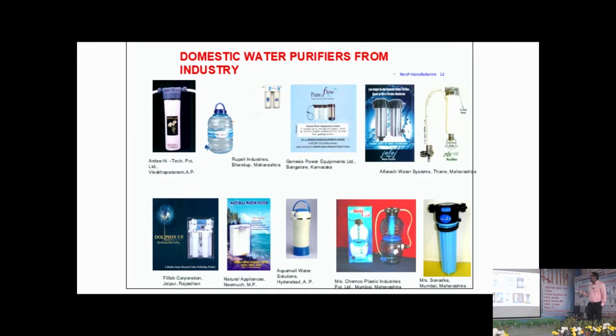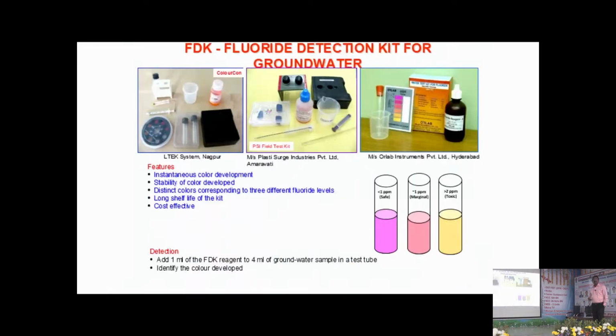This is very popular with the Jal Mission of India. We have put water ATMs in 200 villages already, and as far as purification is concerned, that is it. As far as groundwater contamination is concerned, for all types of contamination we have methodologies.